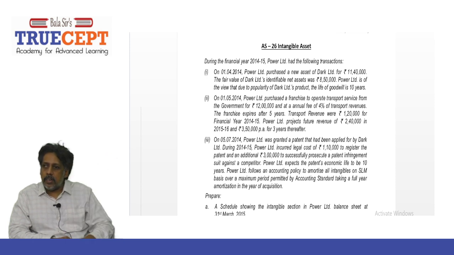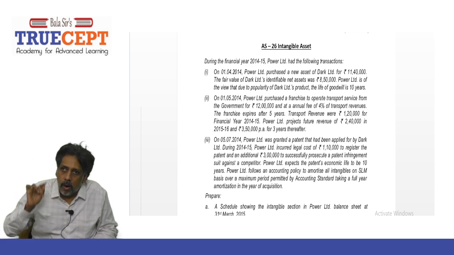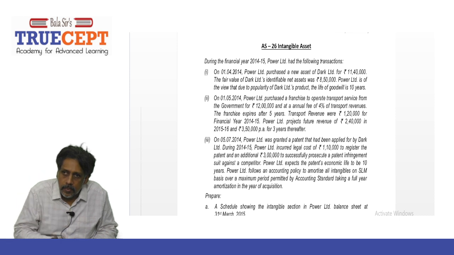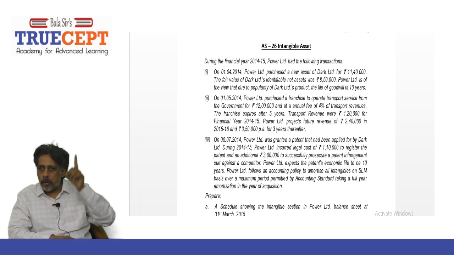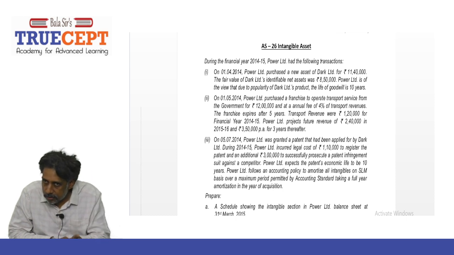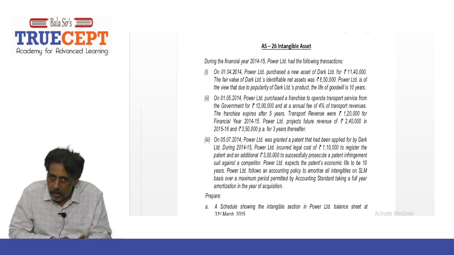And this particular point is nothing but the goodwill arising on purchase of another company. What do you learn in accounting standard 14 on accounting for amalgamations? So 2,90,000 is supposed to be goodwill. Please remember, goodwill does not come under accounting standard 26. Accounting standard 14 says it very clearly.